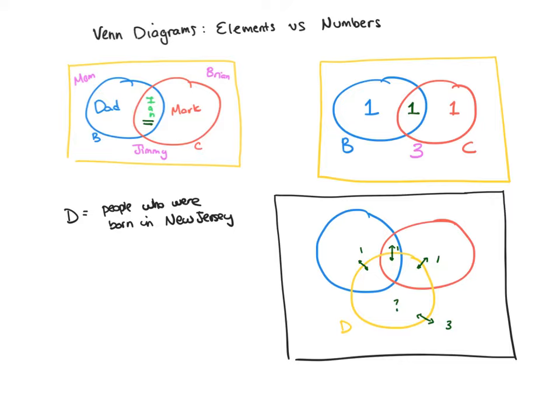So if I think back to my labeled diagram, here's my dad, and I have to tell you whether or not he was born in New Jersey, because if you don't know, there's no way you could figure that out. So let's say dad was born in New York. So that's telling you that he wasn't born in New Jersey.